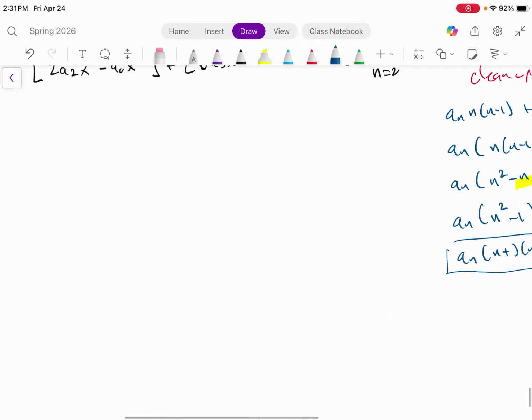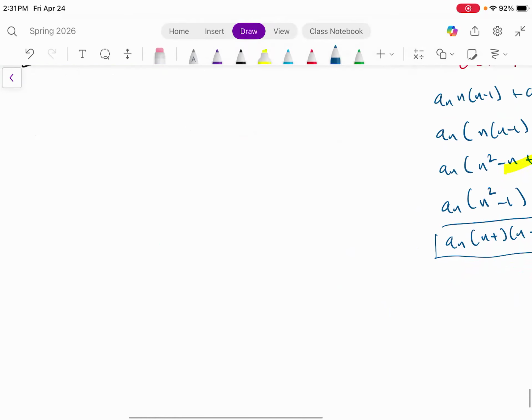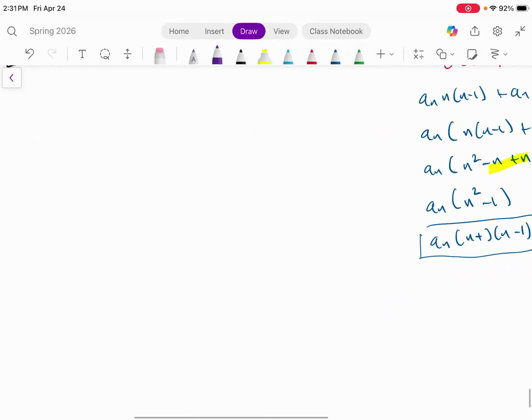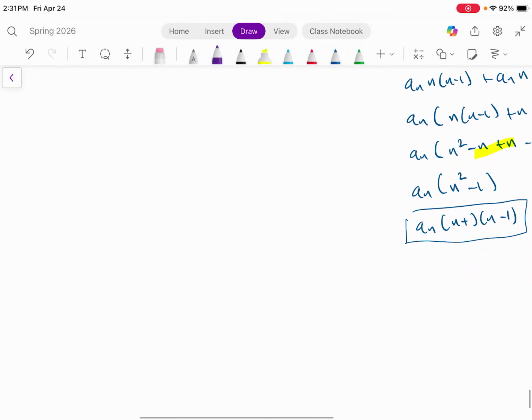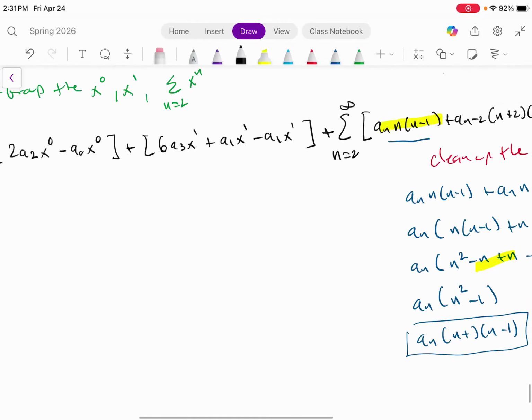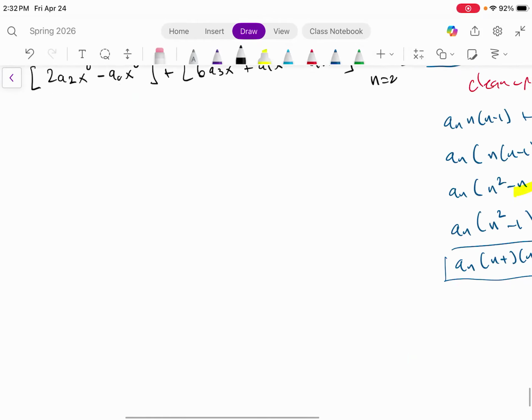It cleans it up a bit. So we have for recurrence relation. Set up recurrence relation.